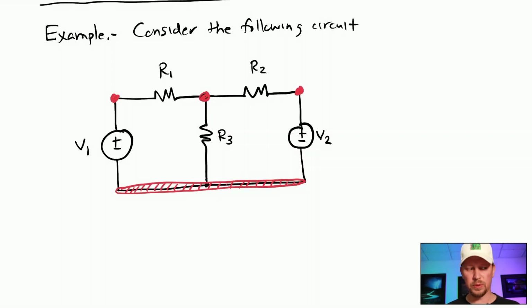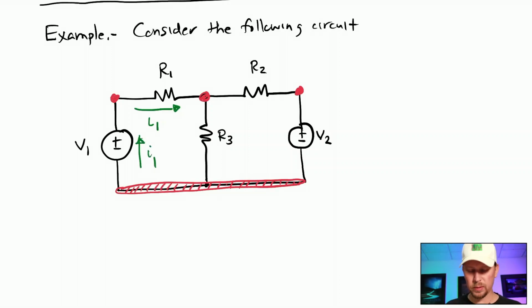And suppose that I were to define the following currents, right? So suppose that I actually define, let's say, a current I1 that flows through R1 from the left to the right. Notice that this current, by KCL at this node right there, must be the same current that flows through here as well.